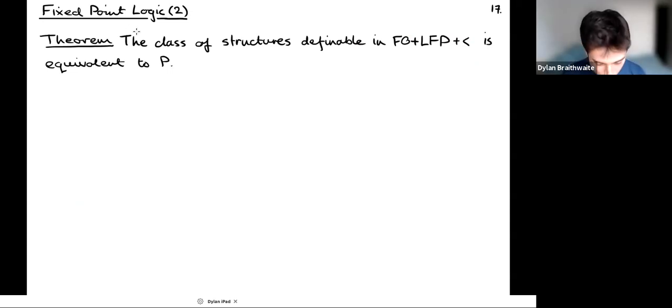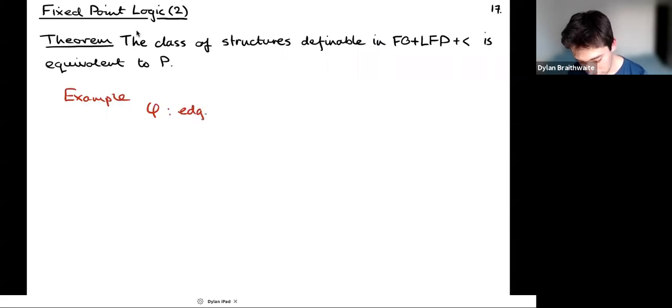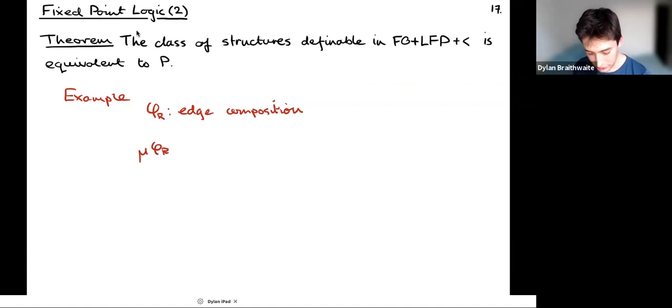So, as I said before, with that formula phi giving edge composition, if we take the least fixed point of that, then that gives us the transitive closure of the relation in this case.